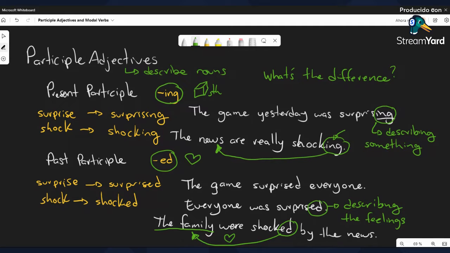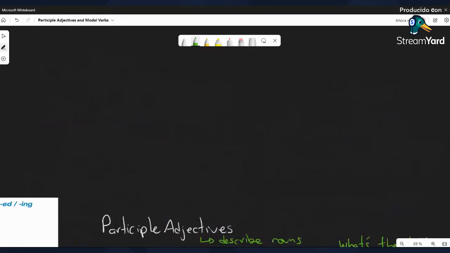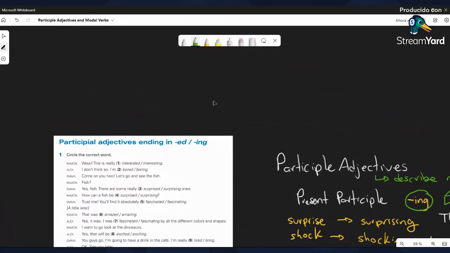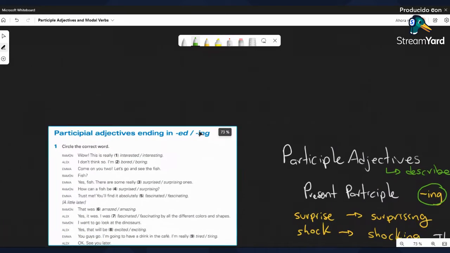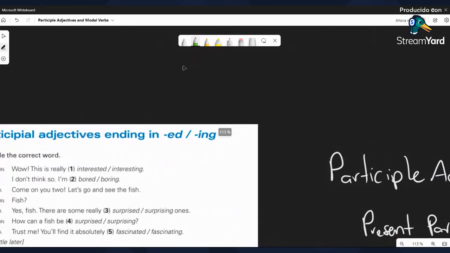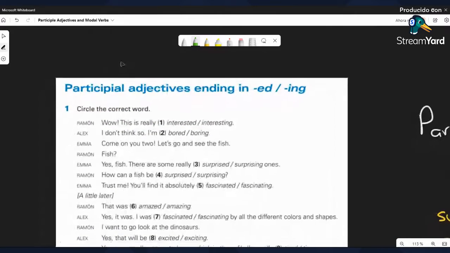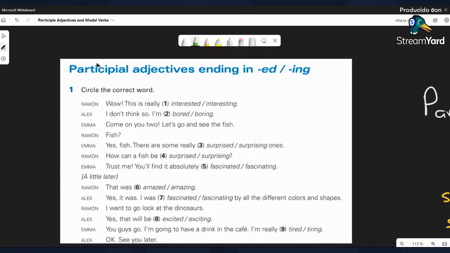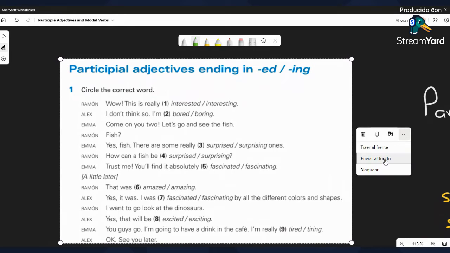Now let's do an exercise. Time for us to practice a little bit. Okay, I have an exercise here. It's a conversation. Let me zoom it a little bit more so you guys can see. We have a dialogue here. It says participial adjectives ending in ed and ing.